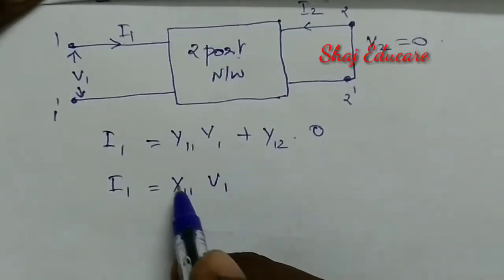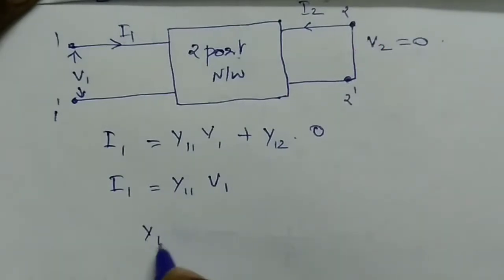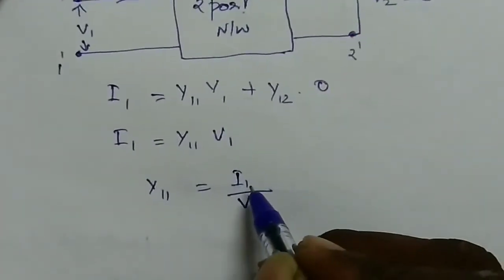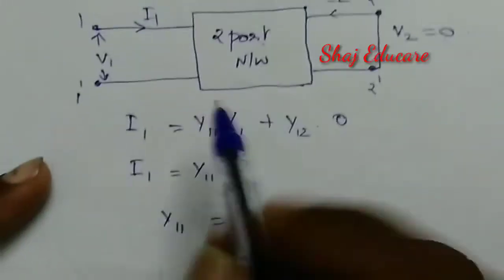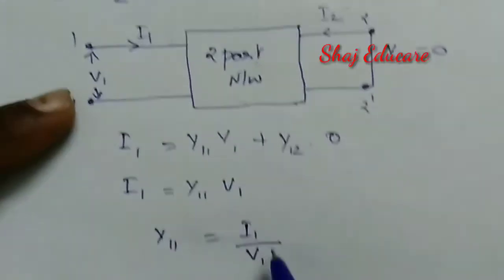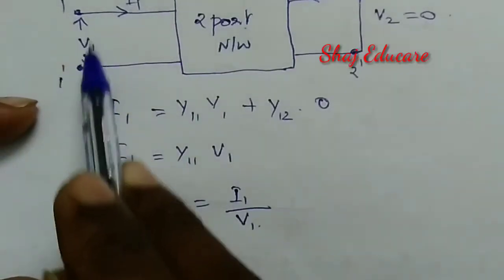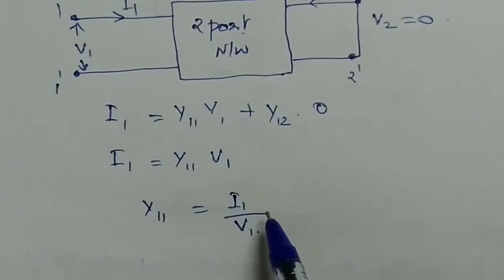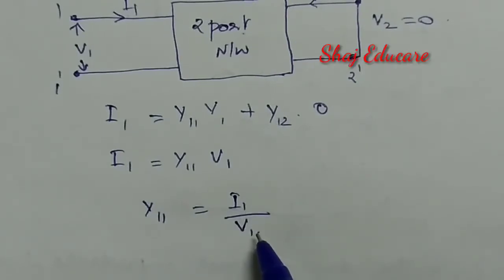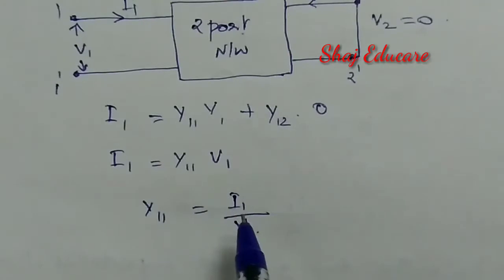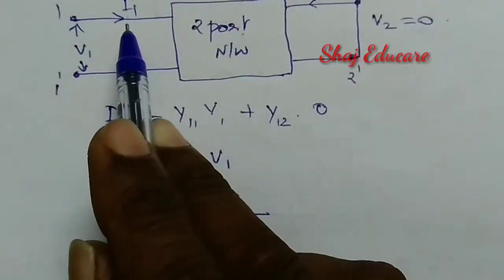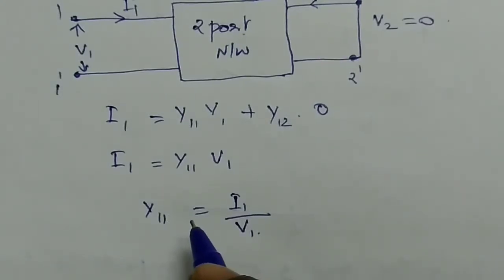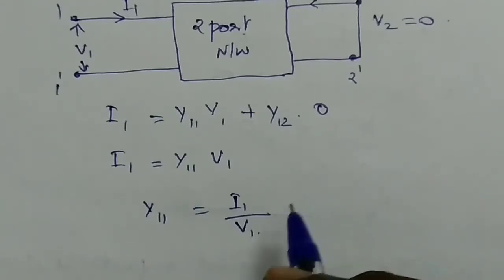From this we can find the expression for Y11. Y11 is equal to I1 divided by V1. Here I1 is the current in the input port 1 dash and V1 is the voltage in the same port, the input port itself. So Y11 is the ratio of current and voltage, both belonging to the same input section. So we can call Y11 the short circuit input admittance.